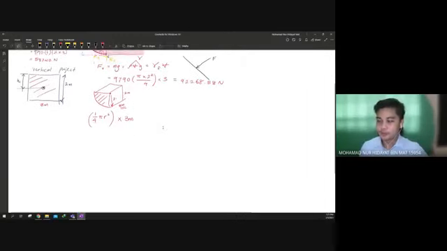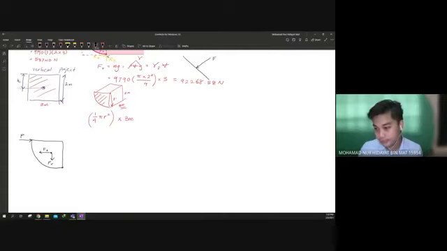Okay. So from here, let me draw you the quarter circle here. All right. So we have the force P, and then we have the FH, and we have here FV.